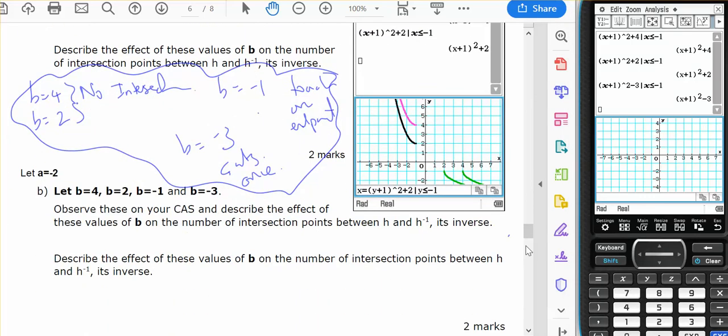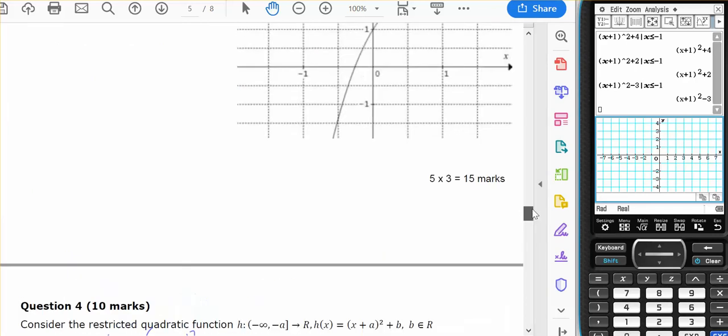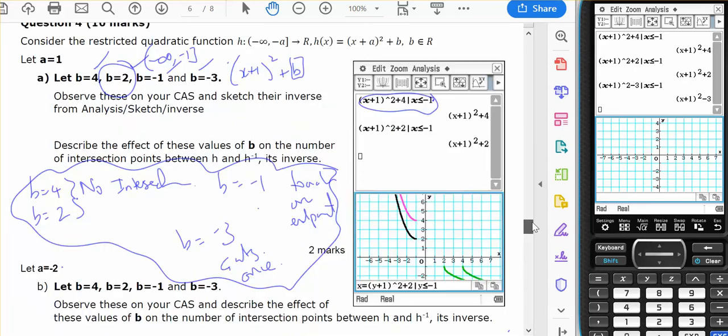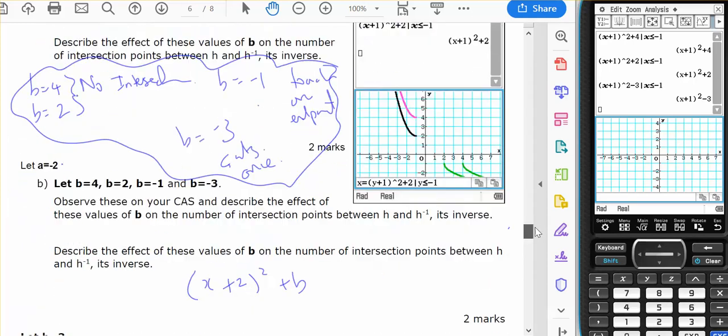Okay, now let's make a equal to -2. So I'm going to have (x plus 2) squared plus b. Is that correct? Because I've got plus a. So it's going to be -2, so it's going to be minus a. It's going to be -2. And x is going to be less than or equal to 2.